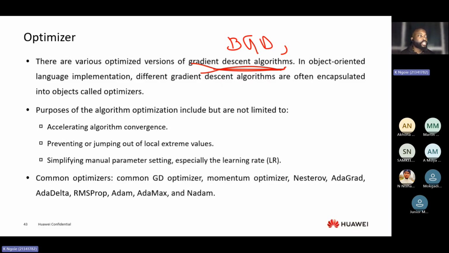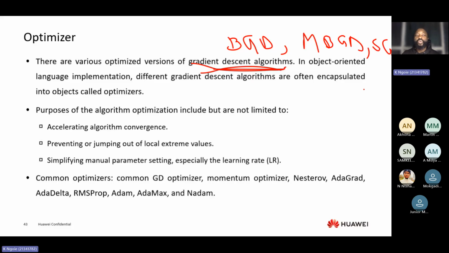What else do we have? We have 3 of them. We have the batch gradient descent, the mini batch gradient descent, and what's the third one? We have the stochastic gradient descent.